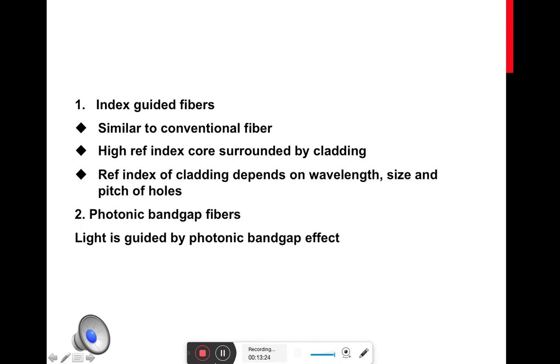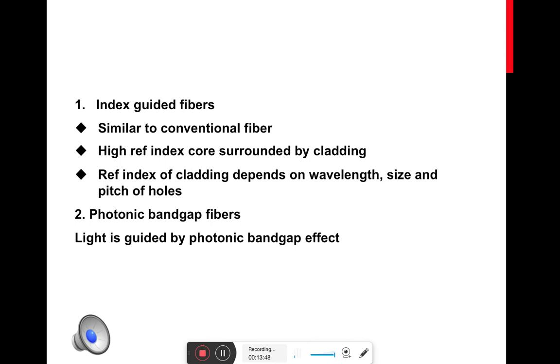They will have a particular wavelength and periodicity. Depending upon the periodicity and wavelength of that light, they will have a particular refractive index, and the refractive index of this depends upon their wavelength, their size, and the pitch of the holes. The pitch of the holes is nothing but the distance from one hole to another hole. So depending upon all these factors, the refractive index of the cladding depends.